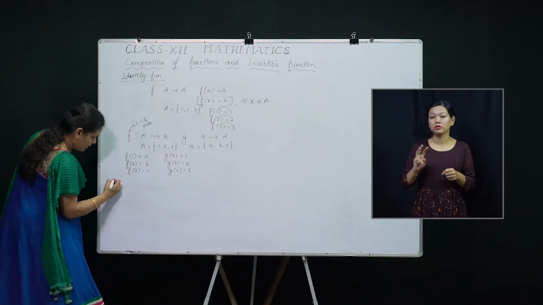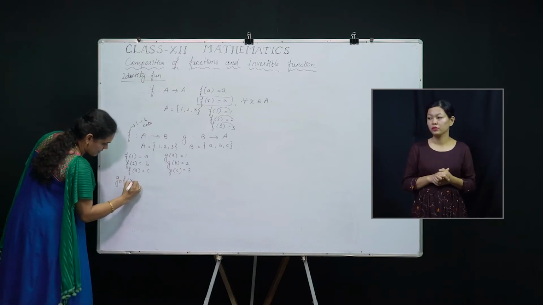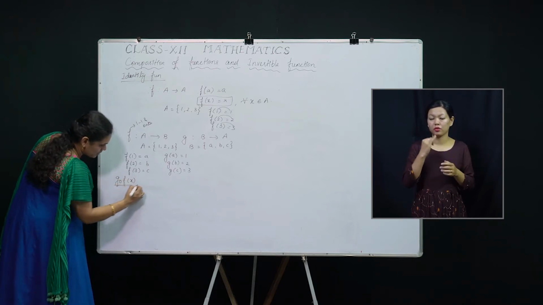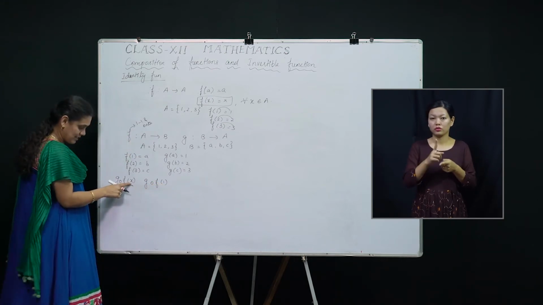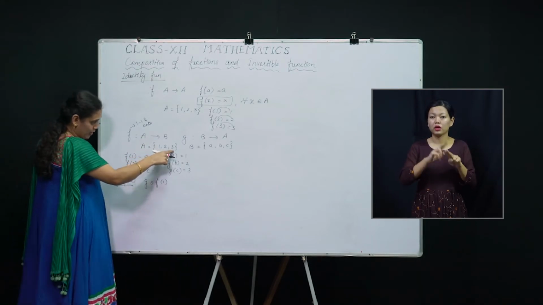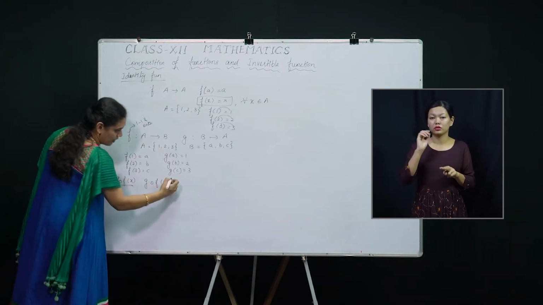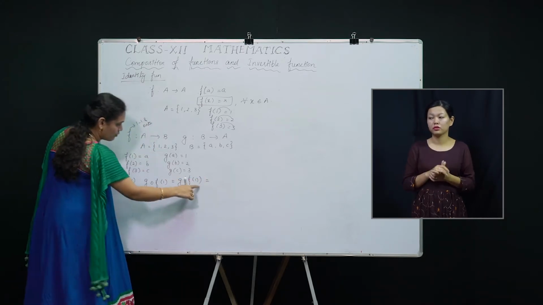Now we are going to find g∘f(x). g∘f of 1, because x comes from the f function, and f starts from A, and A has 1, 2, 3. So we start with the element 1, which gives us g(f(1)), and f(1) is a.